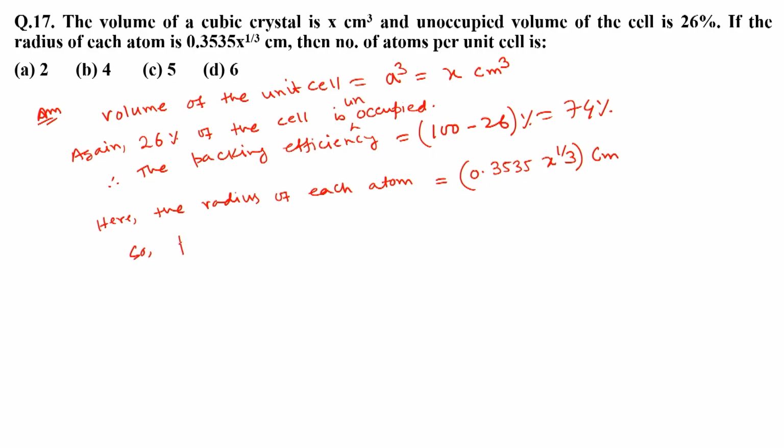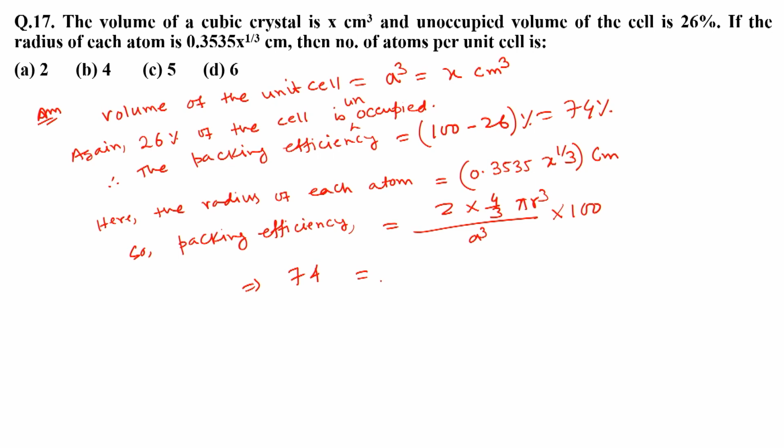So, packing efficiency you can write as z times 4 by 3 pi r cube by a cube times 100, and the packing efficiency value we know is 74. So, 74 is z times 4 by 3 pi r cube by a cube times 100.